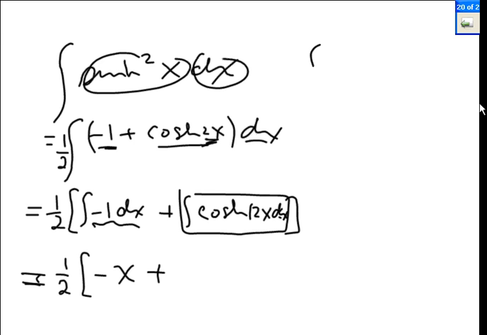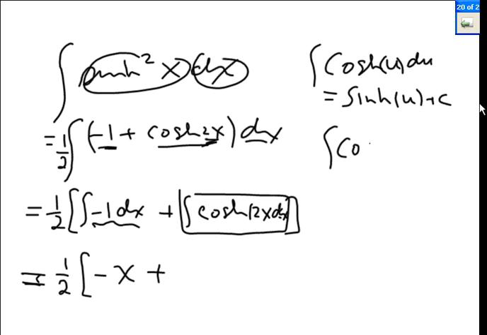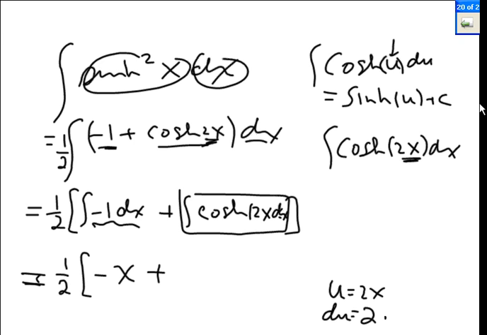Let's do this one on the side. Well, we know that the hyperbolic cosine of u, du, is hyperbolic sine of u plus c. We know that. Well, we have the cos of 2x dx. That's u. If u is 2x, well then du is 2 dx.